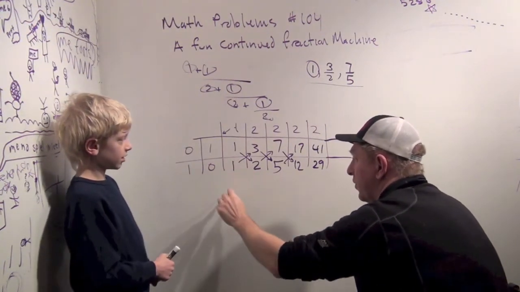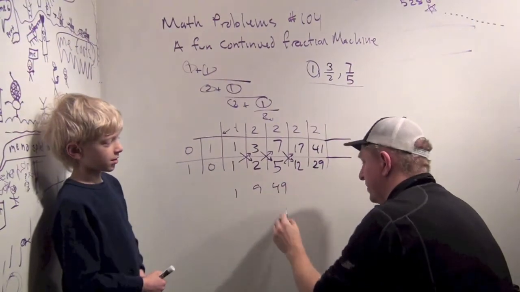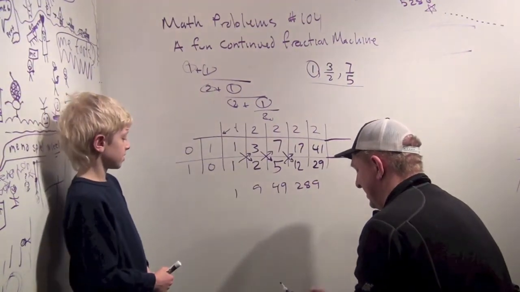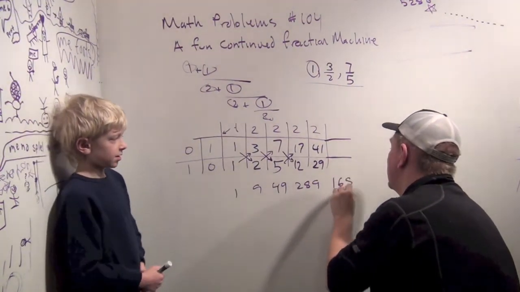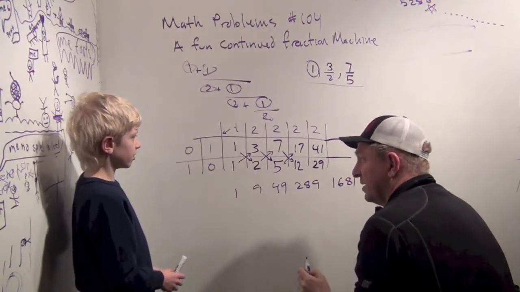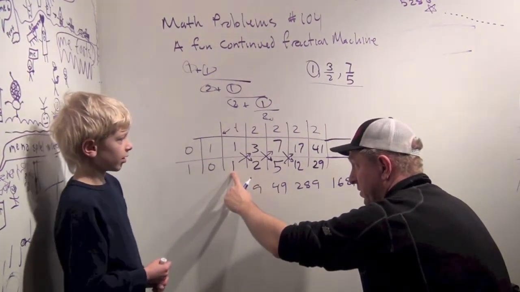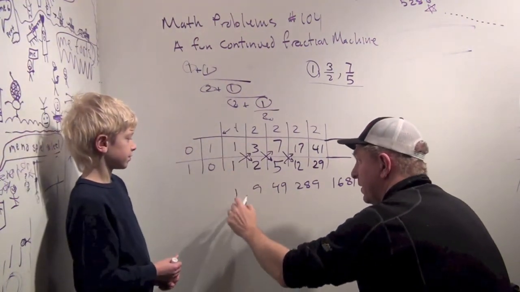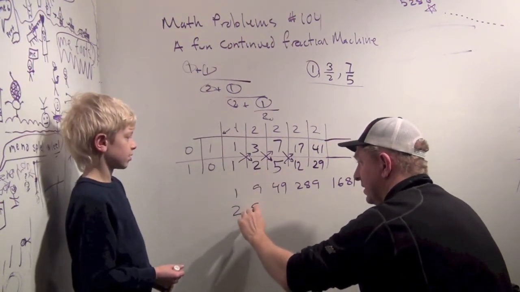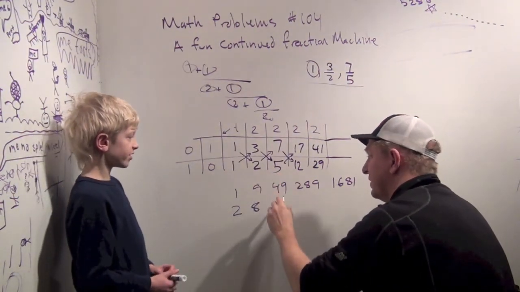On top I get 1, 9. 7 squared is 49. 17 squared is 289. 41 squared is 1681. Now we square the bottom and multiply by 2. 1 squared times 2 is 2. 2 squared is 4, times 2 is 8. 5 squared is 25, times 2 is 50.